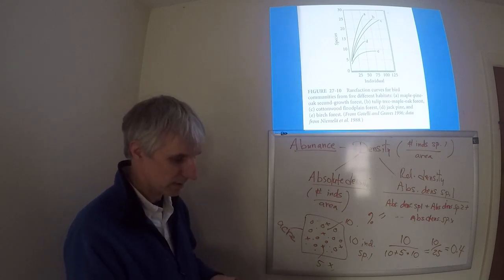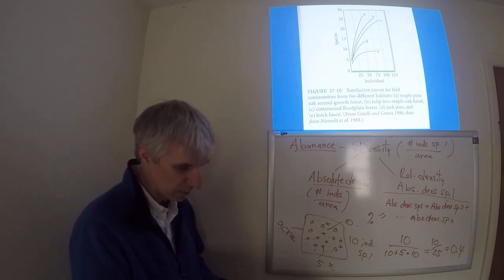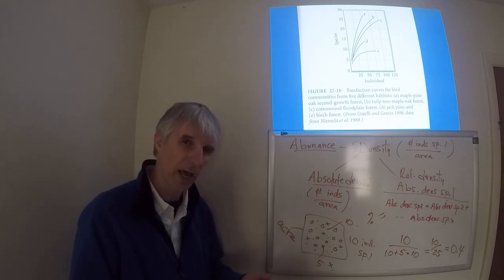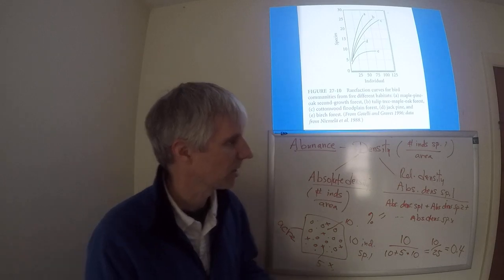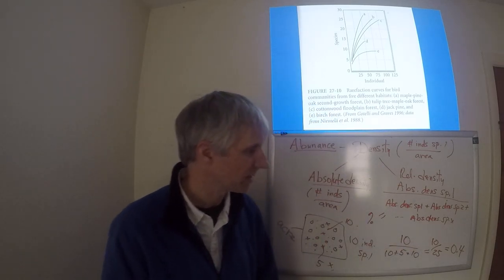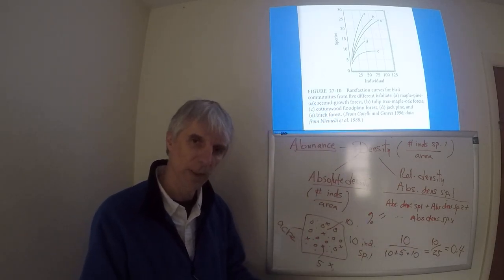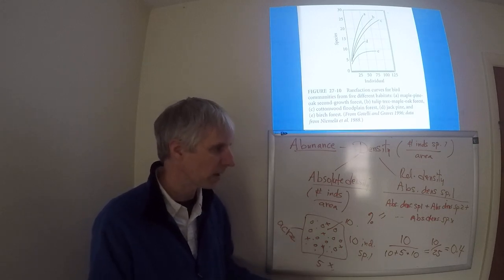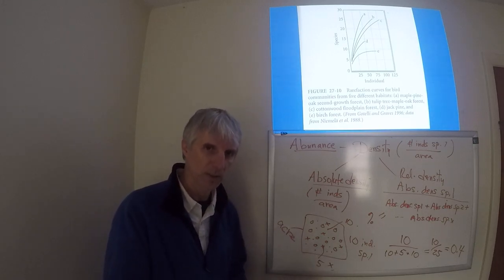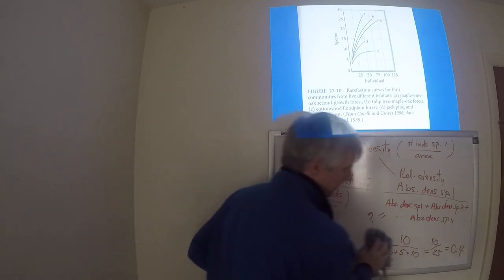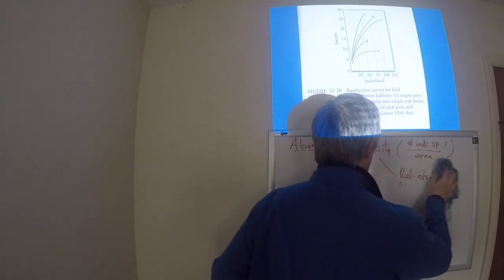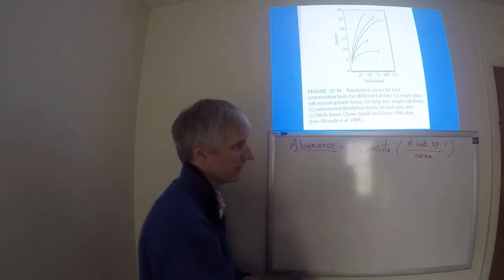So we can think about density both as an absolute measure, how many individuals do I have, and also relative to everybody else. High relative densities would give me common species, low relative densities give me rare species. Okay? All right, that's density.